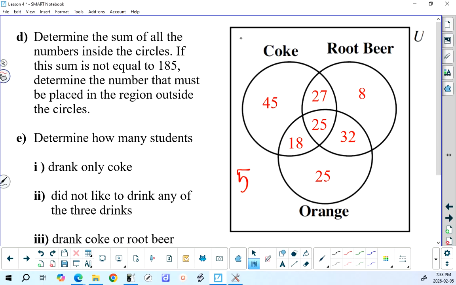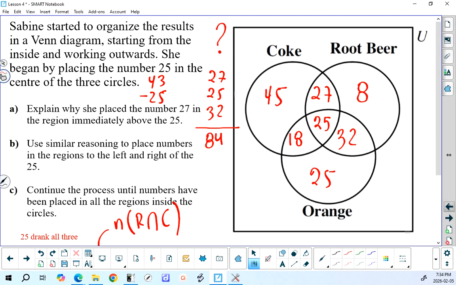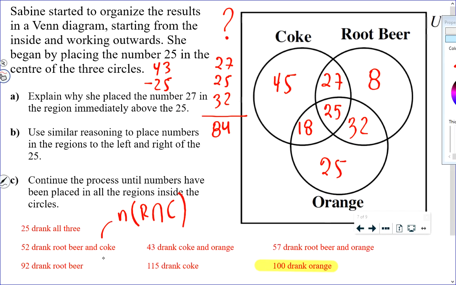Now, listen carefully. All that leading up to D is something that is a good exam question. I could have given you the information at the bottom of this screen here, along with the universal set being 185, and I could have said, how many didn't drink any of them?